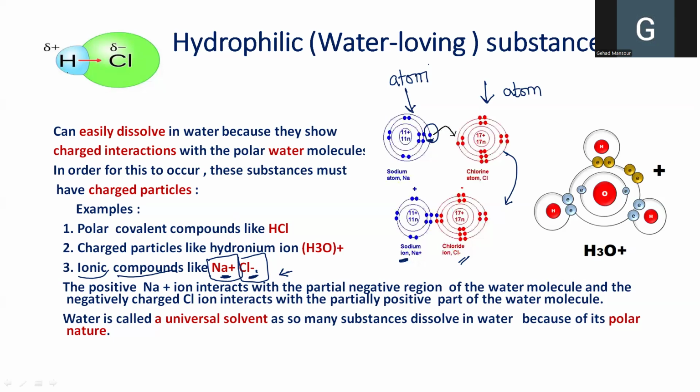But here, for example, when we look at hydrogen chloride, it is a covalent compound, meaning that there is neither loss of electrons nor gain of electrons, because the bond between hydrogen and chlorine is a covalent bond in which the hydrogen atom shares one electron with the chlorine atom.